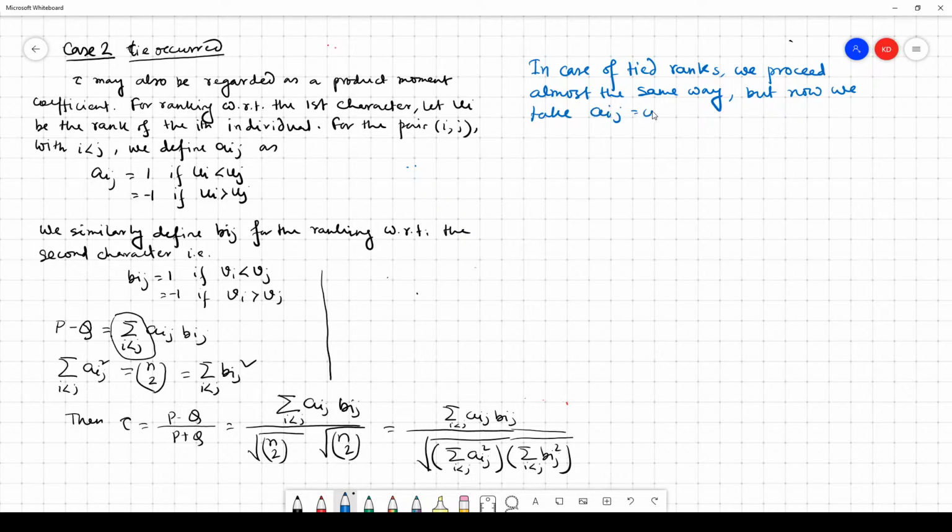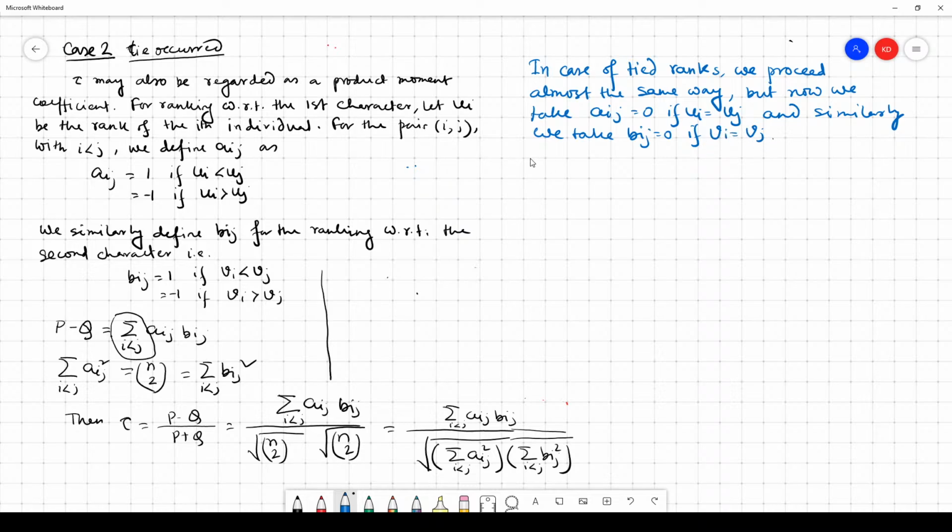aij equal to 0 if ui equal to uj, and similarly we take bij equal to 0 if vi equal to vj.